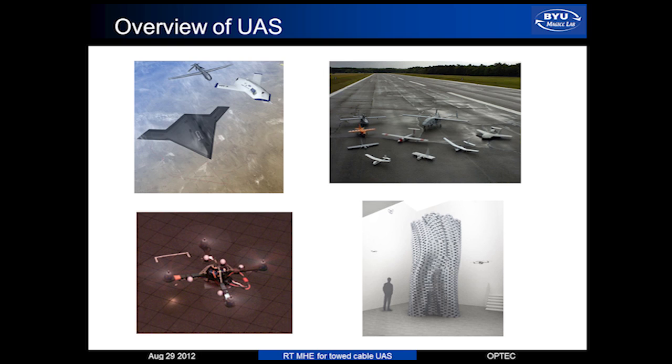The fixed wing can typically fly very fast, and they have a lower limit for the airspeed. But for the hovercraft, we can slow down the aircraft, even make it hover in the air.